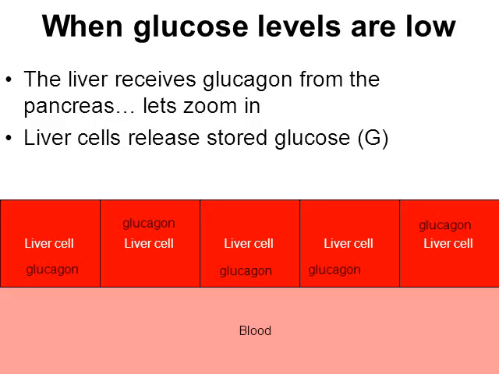The liver cells are going to respond. When they receive glucagon, they respond by releasing a stored amount of glucose into the blood. So if the glucose levels are too low, the level of glucose will be increased back to a normal safe level because the liver releases stored glucose.